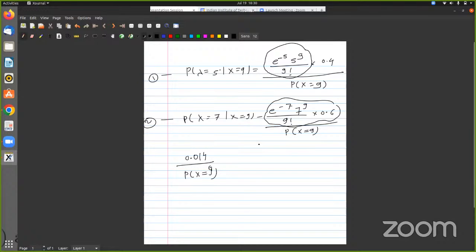Sir, it's 0.06, divided by the probability that x equals 9.